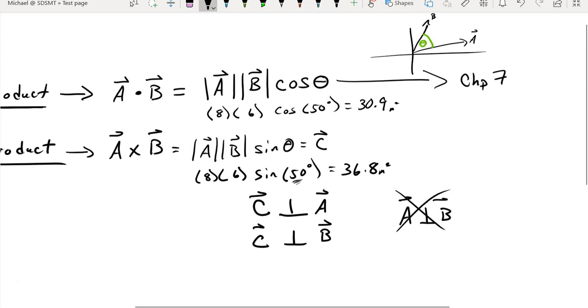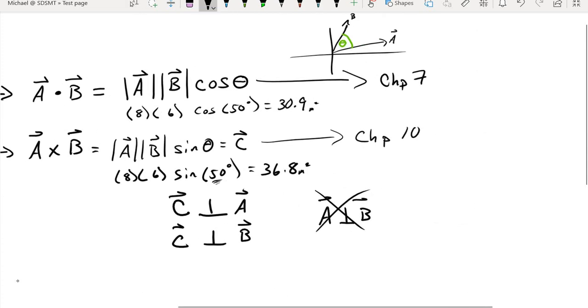And so that's why we're going to need to use the dot product. The cross product, we're actually not going to see that until Chapter 10, which is at the very end of the semester. But we'll go ahead and review the cross product there.